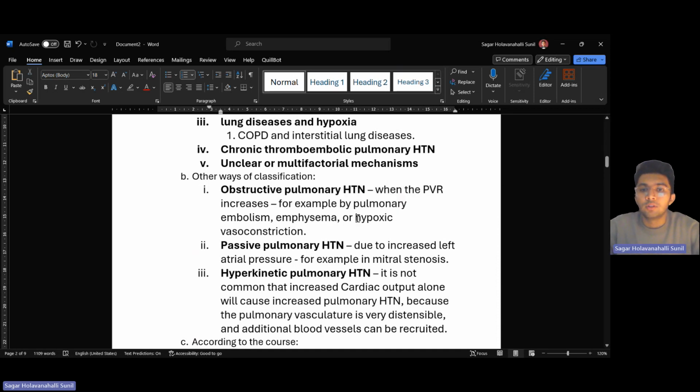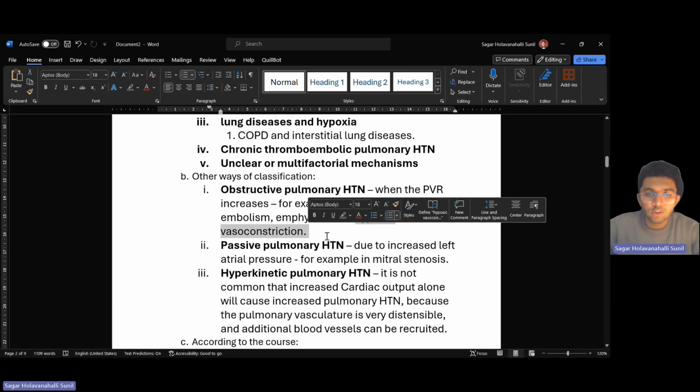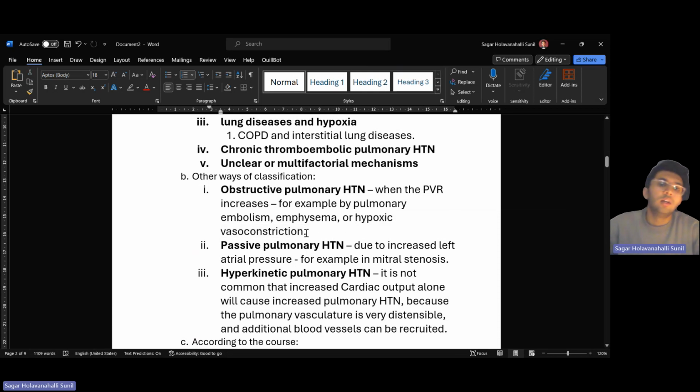Or it could also be hypoxic vasoconstriction. So hypoxic vasoconstriction means that when there is hypoxia, when many different parts of the lungs are not being supplied with sufficient oxygen, the lungs have a reflex mechanism of cutting off the blood supply to those areas which don't have enough oxygen supply.